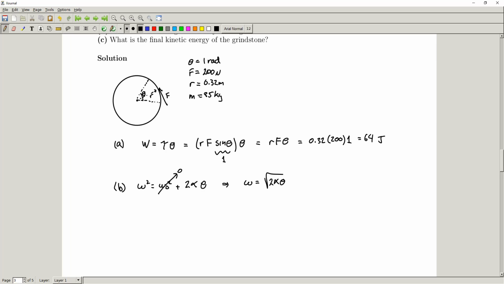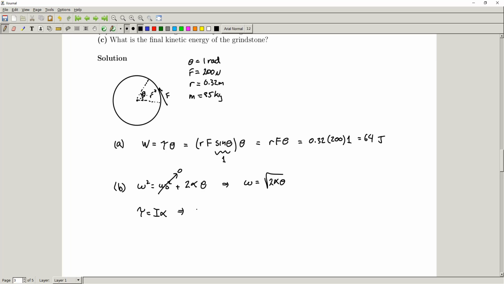We don't know what alpha is at this point, but can we find alpha from stuff that we do know? Well, we know that we can write tau in terms of alpha if we have our moment of inertia, right?